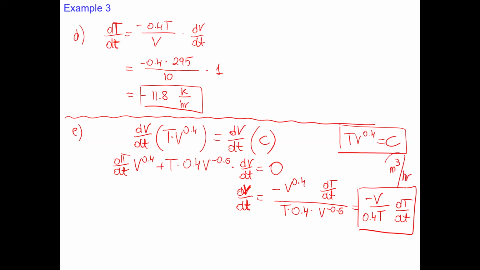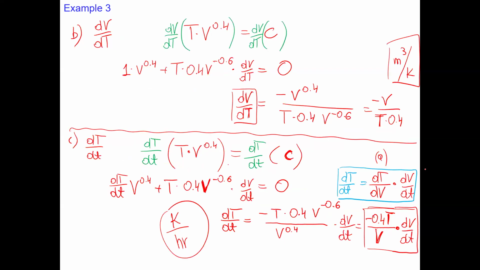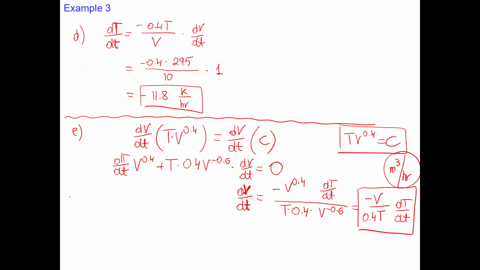Part F is asking the same thing, but the rate of change of the temperature is 2 kelvins per hour. That means the rate of change of temperature with respect to time is 2 kelvins per hour.